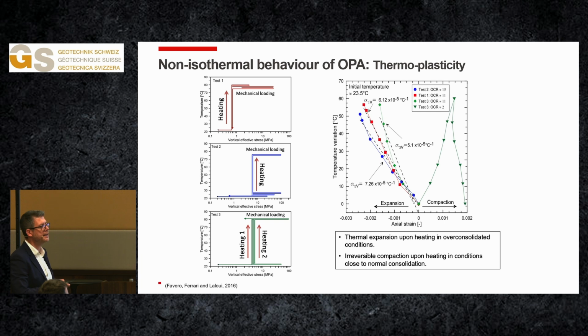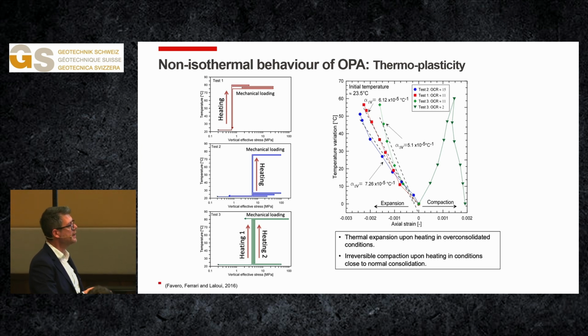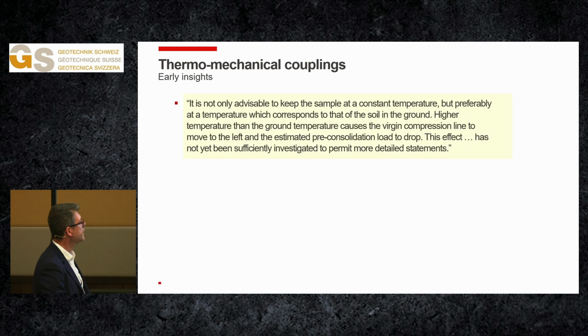And we understand that this material follows the classical thermoplastic behavior, where if the material is heated at high overconsolidation states, so at low stresses with respect to the yield stress, the material is essentially expanding and compressing. But when it is heated in a normally consolidated state, the material can undergo compaction, which turns out to be irreversible. So there is thermoplasticity also in Opalinus clay.